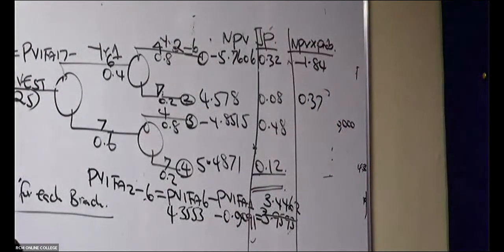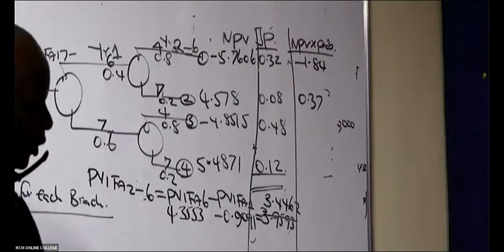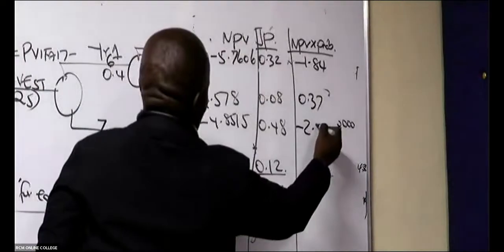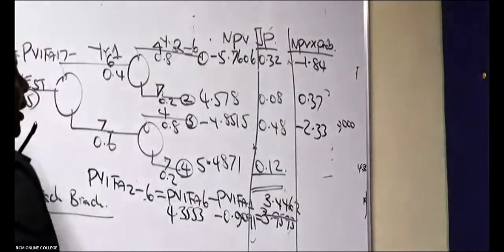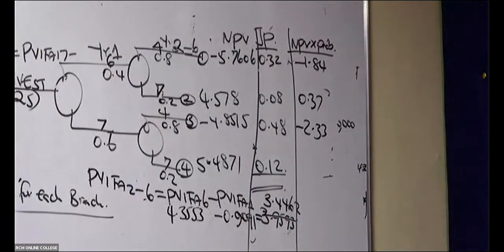Then we have minus 4.8515 times 0.48, so minus 2.33. And then the last one is 5.4871 times 0.12.